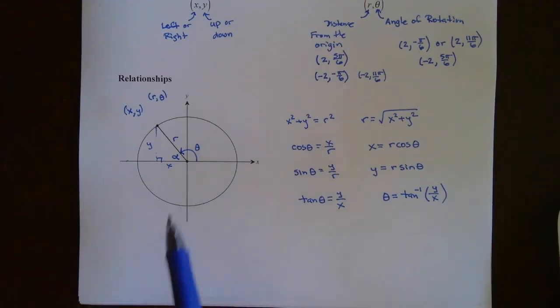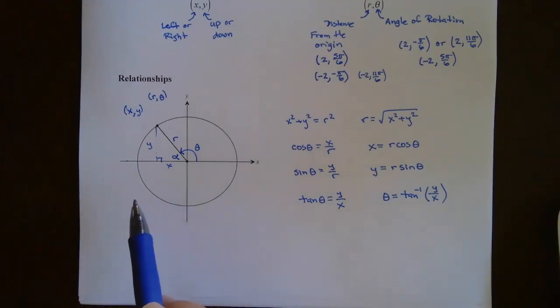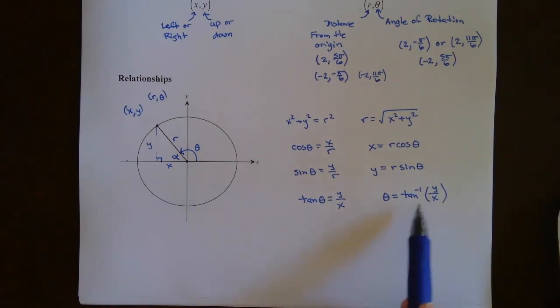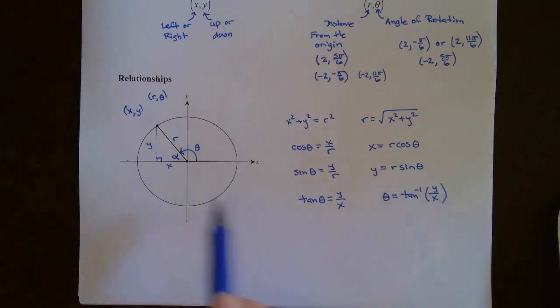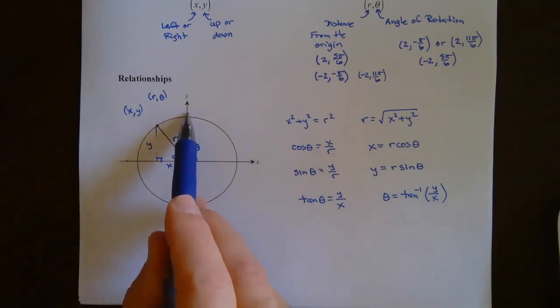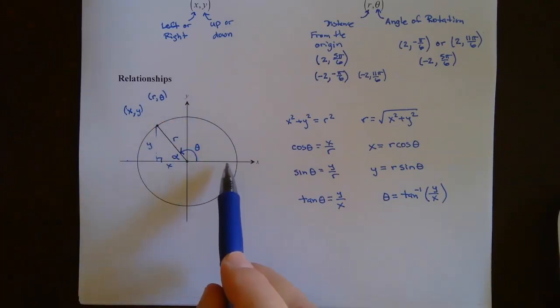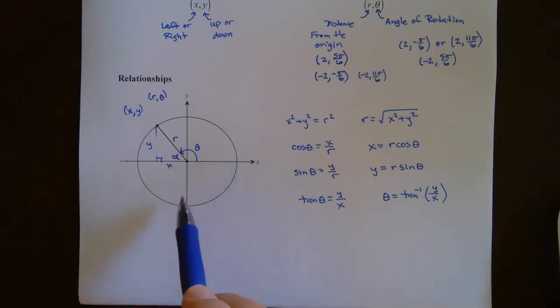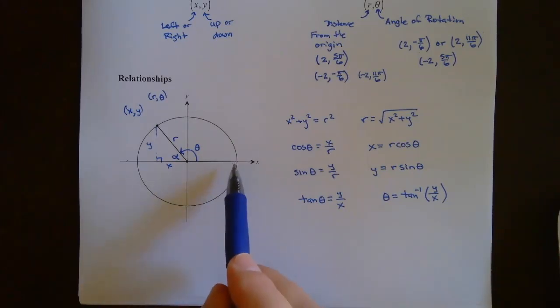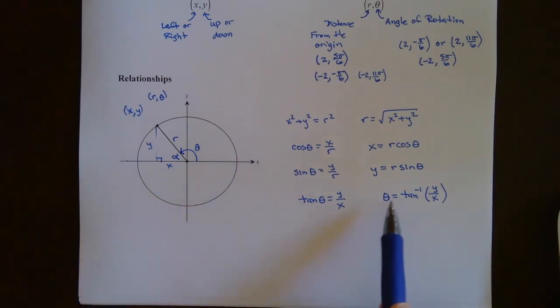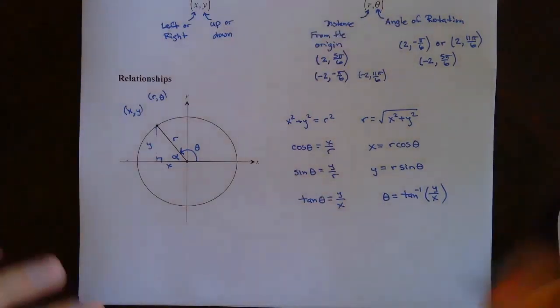There's no way we're ever going to get out of this an angle between pi over 2 and pi. We're going to get an angle between negative pi over 2 and 0, because of the restrictions on what tan inverse does. So we got to watch out.